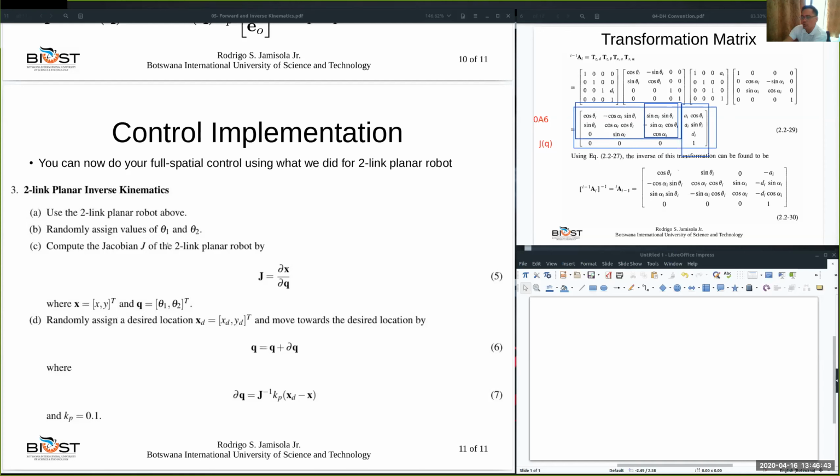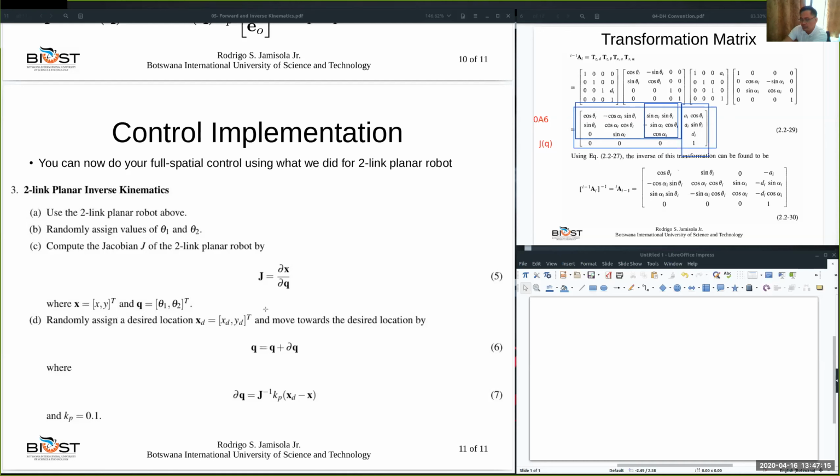Once you know your Jacobian, X and Y are from the forward kinematics, and Q are the current joint values that are given. Then you set your desired value of X and Y. Now it's X, Y, and Z position, and the orientation you can set the same way as we discussed in the previous slide.